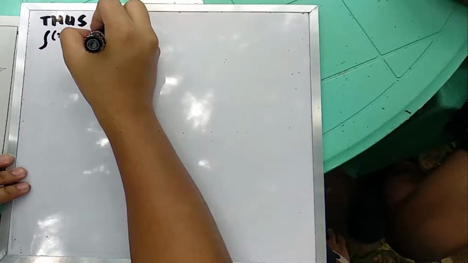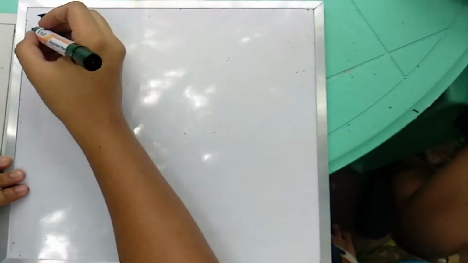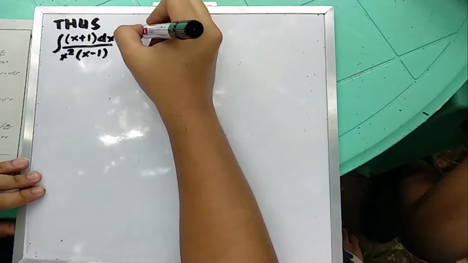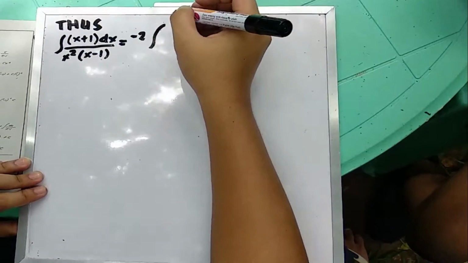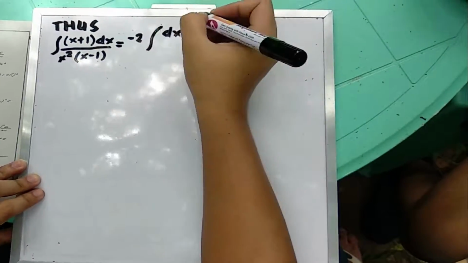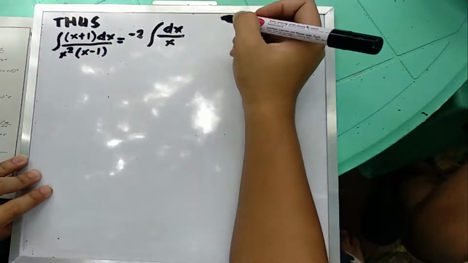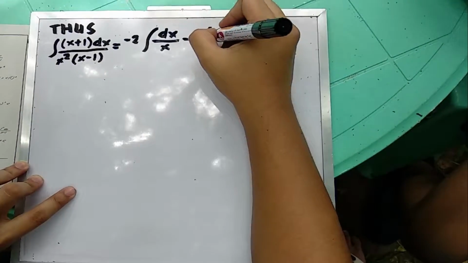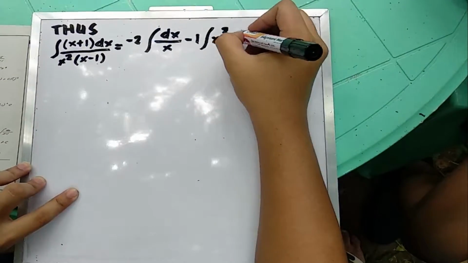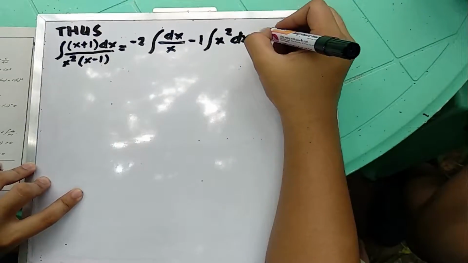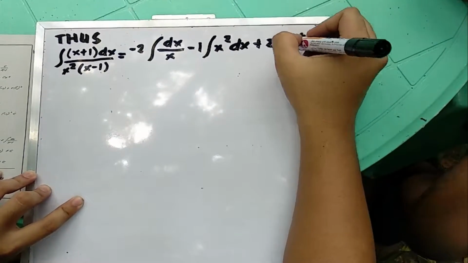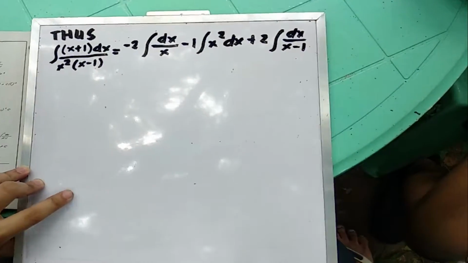Thus, the integral of (x plus 1) dx over x squared times (x minus 1) is equal to negative 2 integral of dx over x minus 1 integral of x raised to negative 2 dx plus 2 integral of dx over x minus 1.